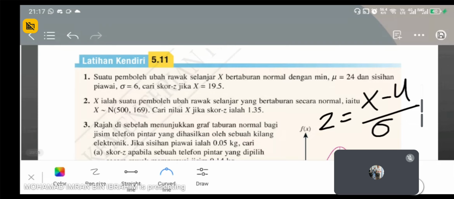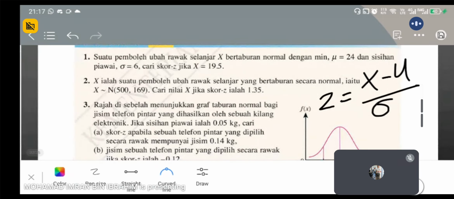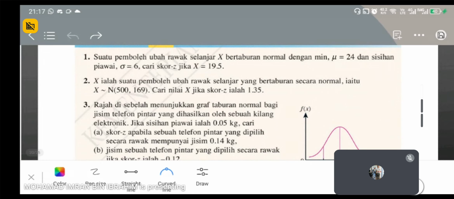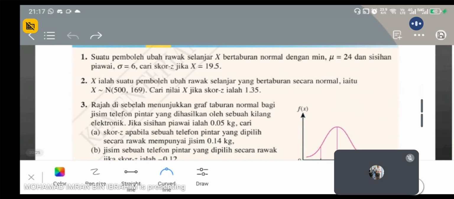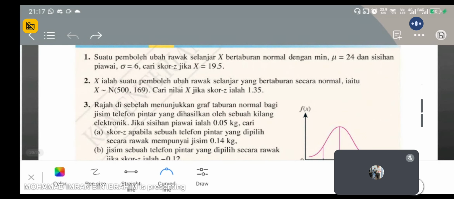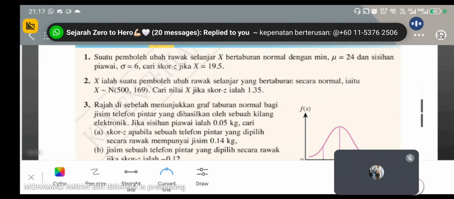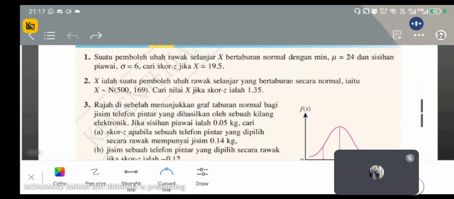Okay, right. So we have the sisihan piawai, so we just can enter. I think you guys already did this, right? So you guys can just tell me what's the answer for this score Z, and then I will just write it down at the same time on here.